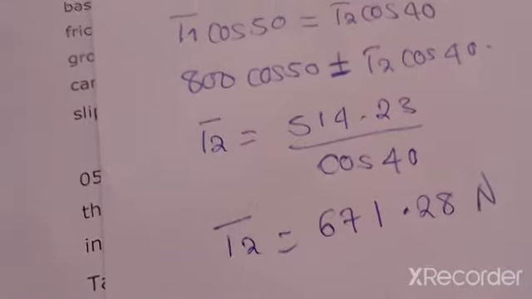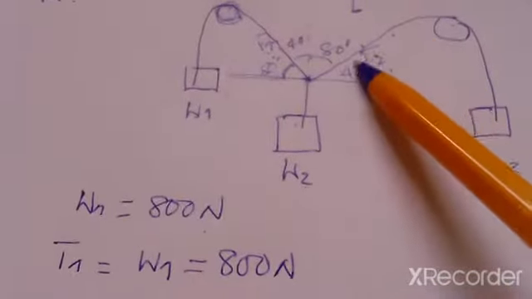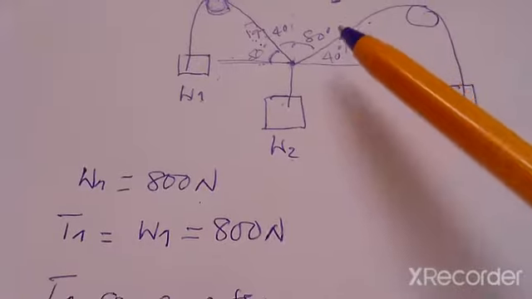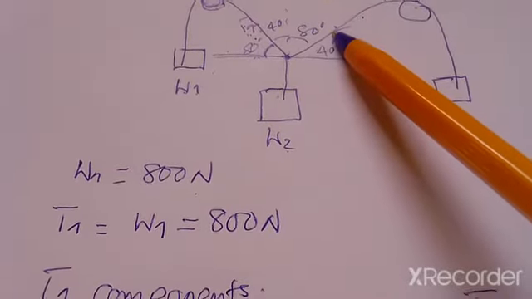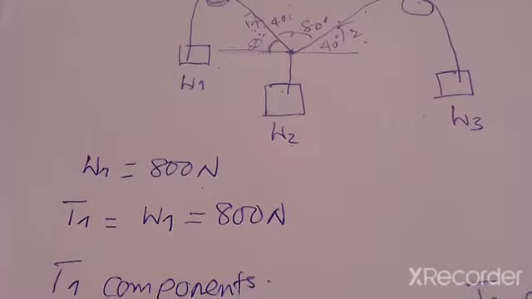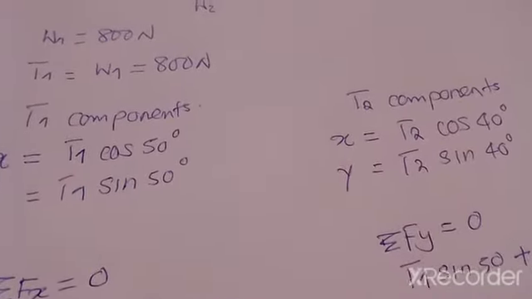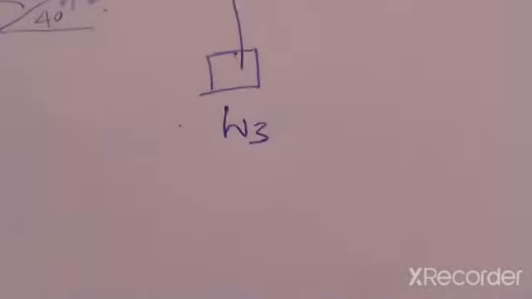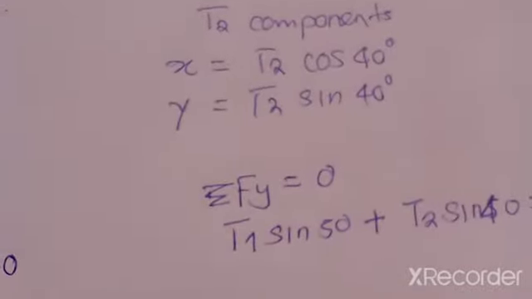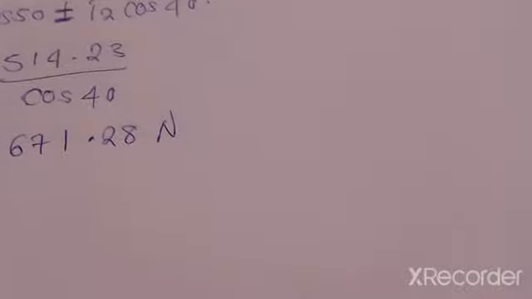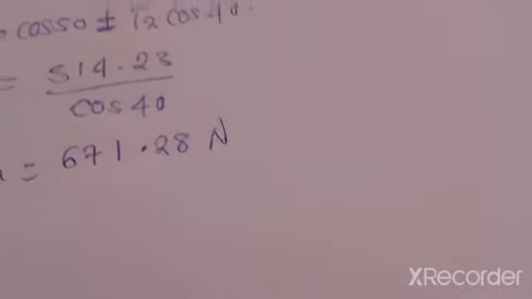Now, T2 is the tension here, and this T2 is going to help us to find W2. How do we find W2? All right, so we have found T2 and now we want to find W2.